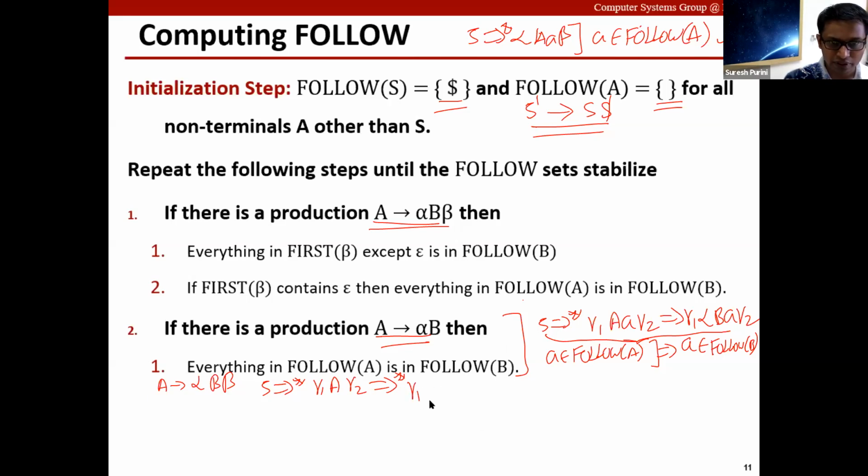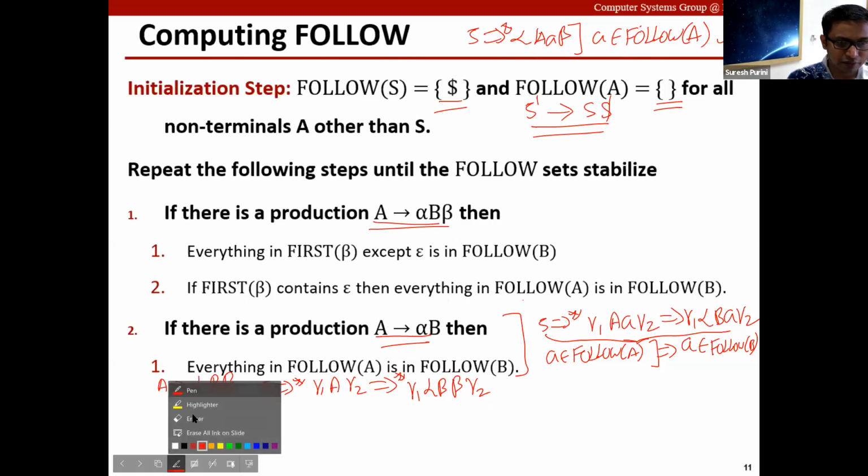So we have gamma 1, alpha B beta, gamma 2. Okay. And from beta, we can generate, yeah, it's simple. Yeah. So I think let me, I think I kind of lost track.